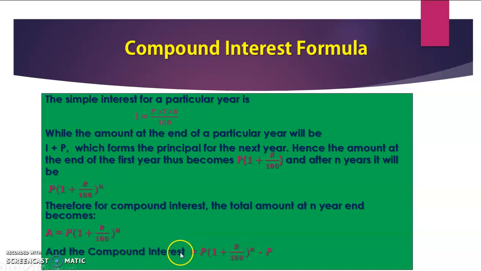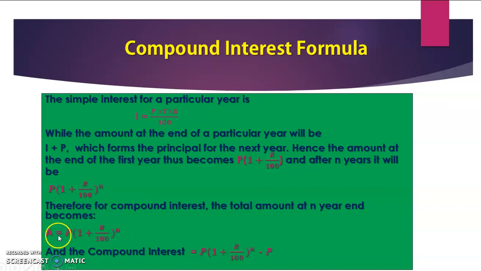And the compound interest is equal to P(1 + R/100) raised to power n minus P. Now let me do some explanation here. Our amount here is equal to principal (1 + rate over 100) all raised to power n, which is our year.